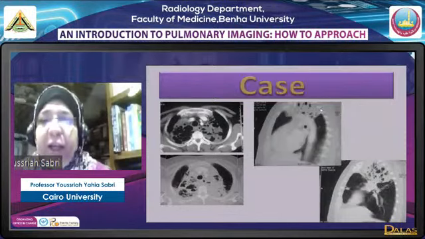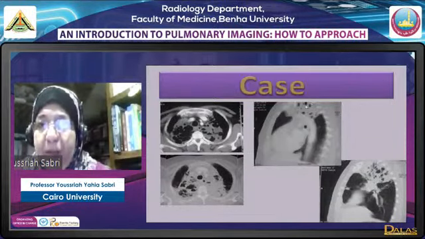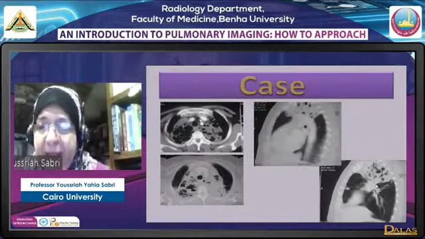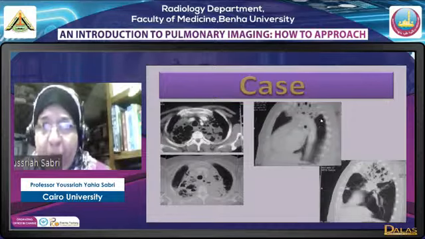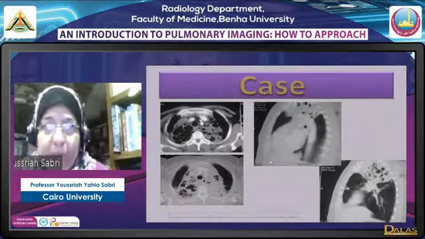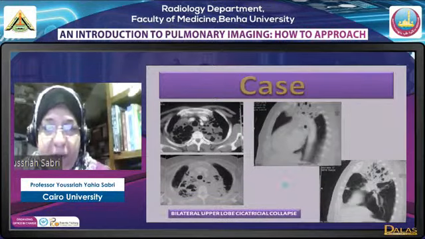You can see the demarcation in the upper lobe, cicatricial collapse. In the right lung, it is demarcated anteriorly and posteriorly because we have minor and major fissures, while in the left lung, it is demarcated only posteriorly because we don't have a fissure between the left upper lobe and the lingula. Okay, so upper lobe cicatricial collapse.